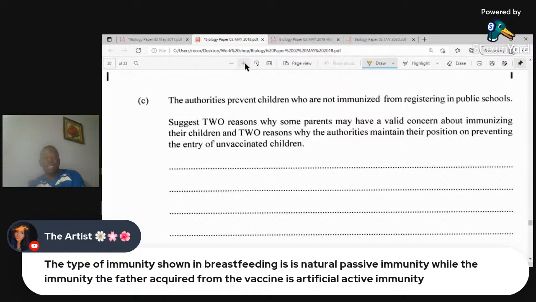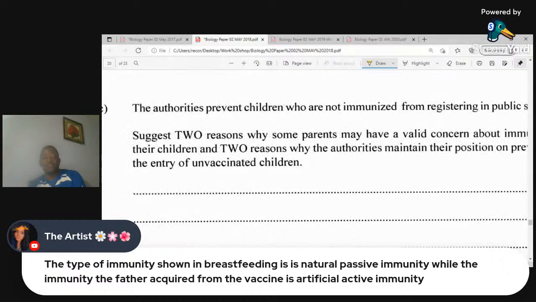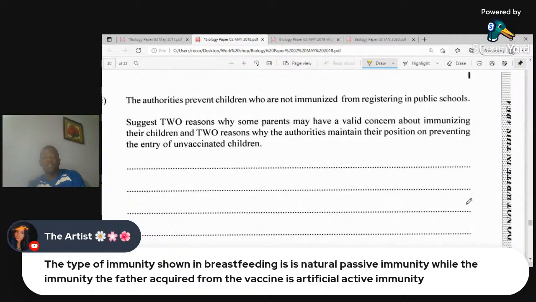So this is pretty much a social issue. And if you are doing HSB, I think this is more of an HSB question, but it is on the biology paper, so we have to treat it. So let me see what you have for this.